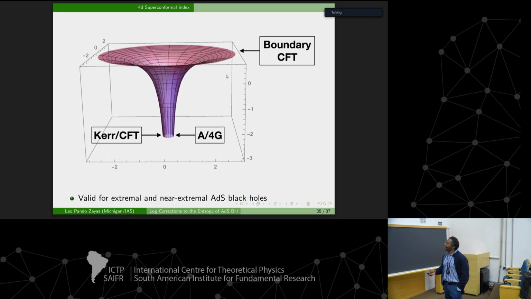All right, so now here's the picture of what I said in words. Focus on this near horizon region and try to do as much as you can. In the previous slide, I told you that we get the Bekenstein-Hawking entropy, the big leading piece.